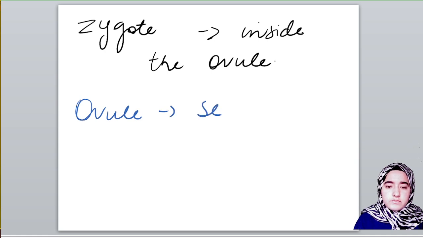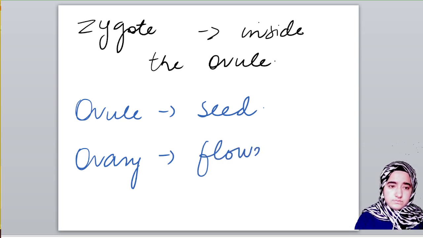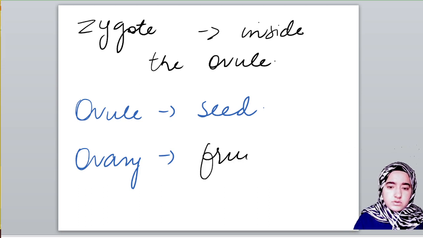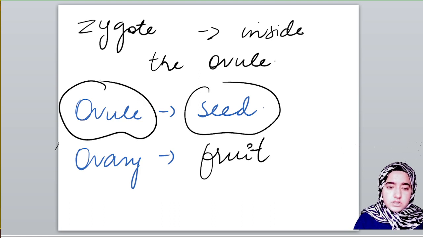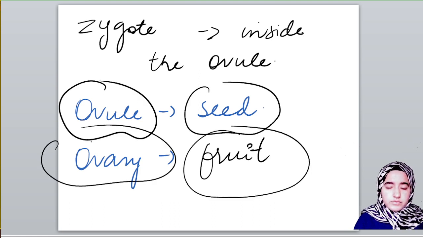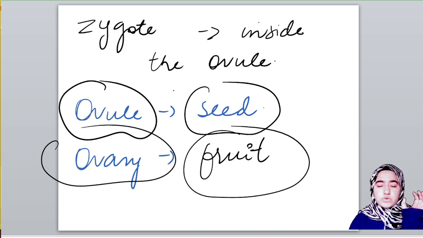The ovule will get converted into seed, and the ovary of the flower will get converted into fruit. Please remember, ovule will get converted into seed, ovary will get converted into fruit. This was all about post-fertilization events. This was all about gamete transfer. This was all about fertilization.